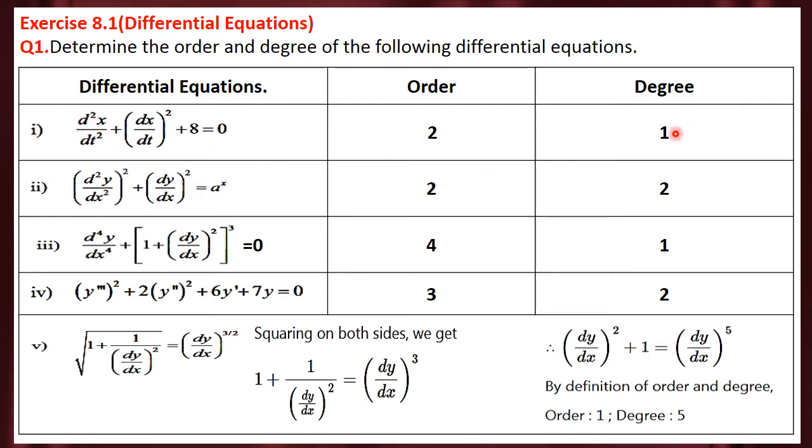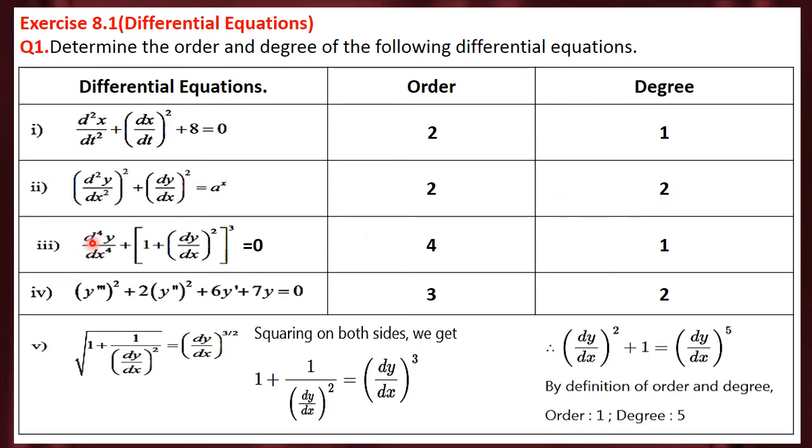And the degree is the degree of this highest derivative. Here the degree of this derivative is 1. So the degree of the differential equation is 1. Here the highest derivative is d square y by dx square, so 2 is the order and 2 is the degree of the differential equation.